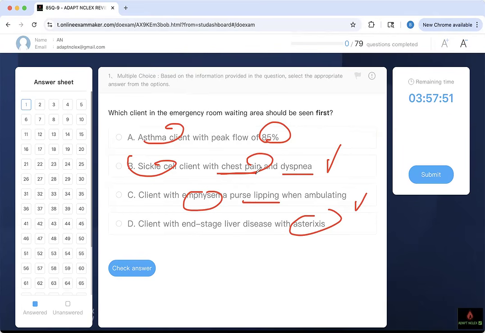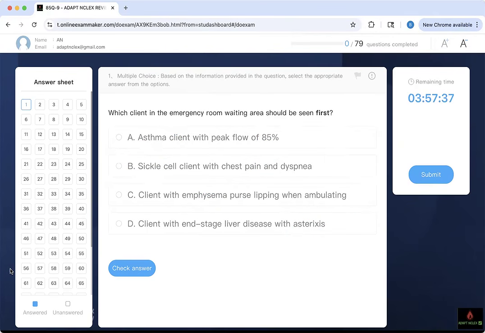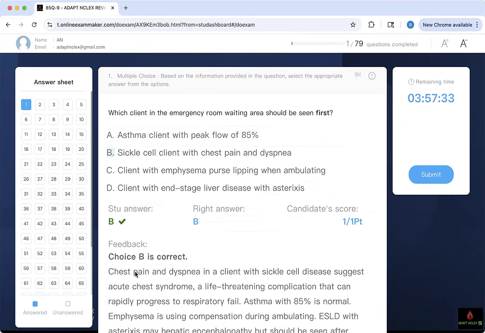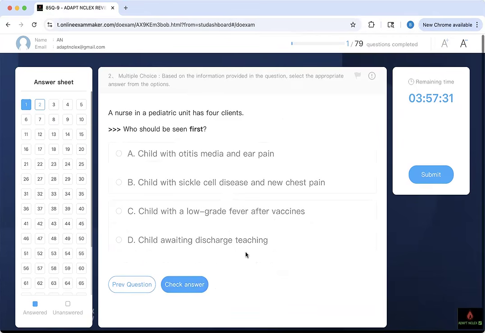This is acute chest syndrome, and that patient needs to be seen because if you don't, they're going to get into trouble. After that, we're going to see the end-stage liver disease with asterixis. That's the second patient you're going to see. How did you do? I know you got the right answer, but I want you to follow the strategy. Use the ABCs and see who is going to die.